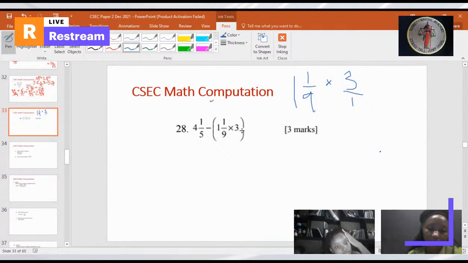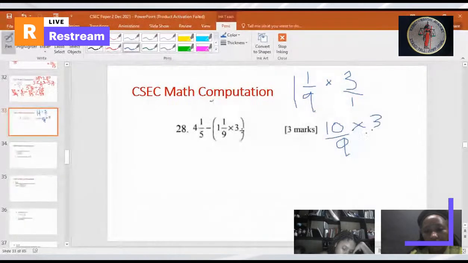So 9 times 1 is 9 plus 1 is 10 over 9, times 3 over 1. 3 can go into itself one time and 3 can go into 9 three times. So 3 into 3, 1. 3 into 9, 3. And this gives us what? 10 over 3.